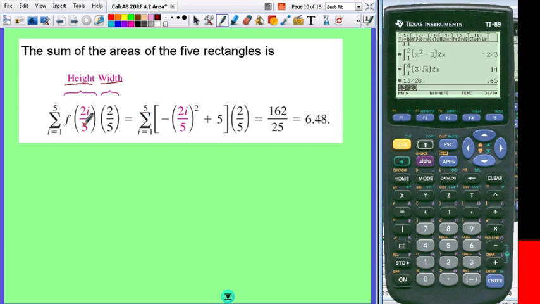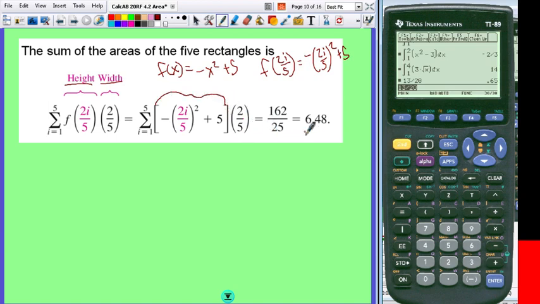So if you plug that in, since f is, again, negative x squared plus 5, f of 2i over 5 would be negative 2i over 5 squared plus 5. So that's being plugged in right here, times 2/5.